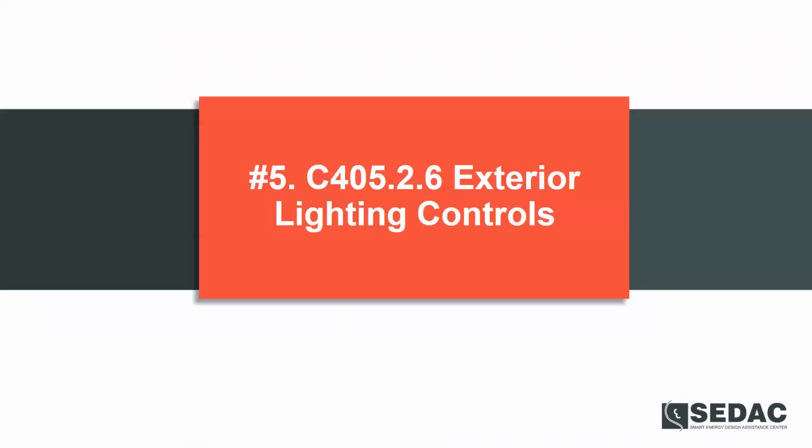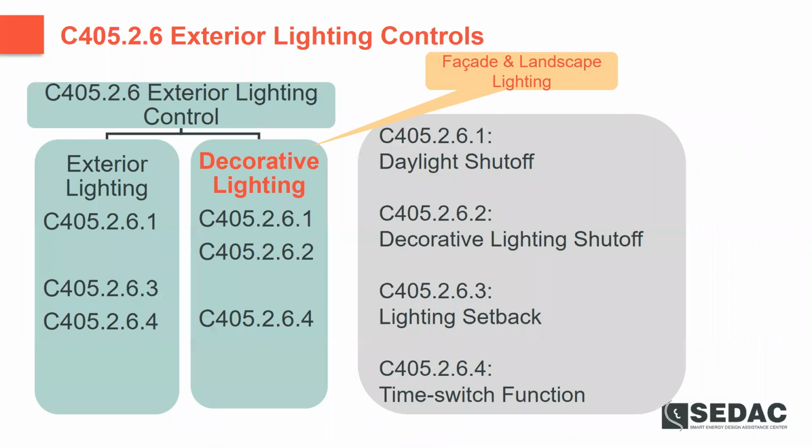So moving from the inside to the outside, exterior lighting controls, the code calls for exterior lighting controls differently depending on where they are. Exterior lighting is broken into two categories. One is general exterior lighting, and the second is decorative lighting. Decorative in this case being facade and landscape lighting.